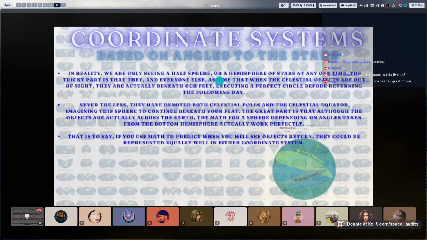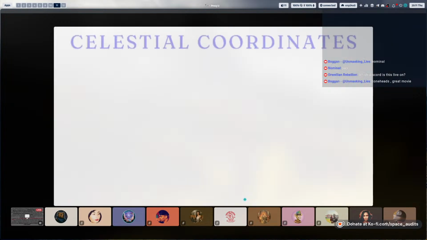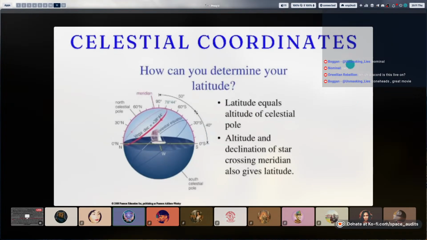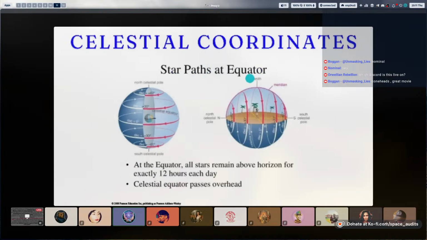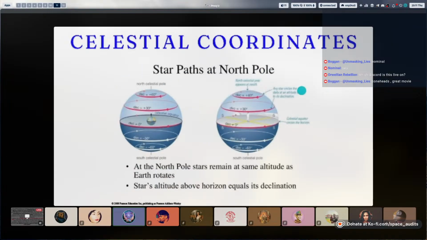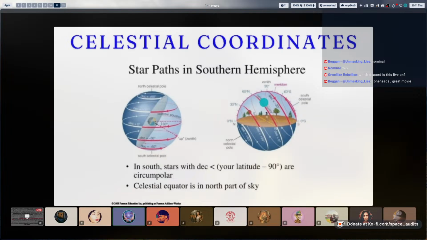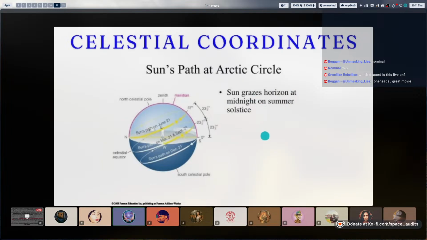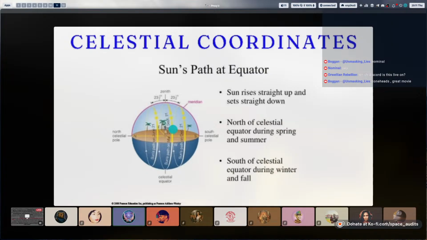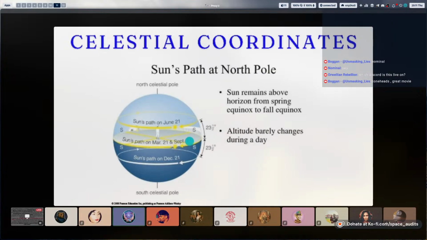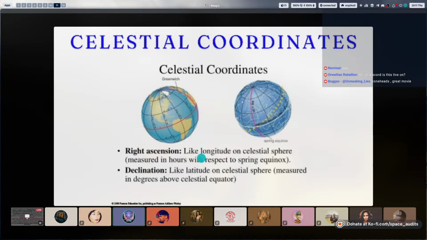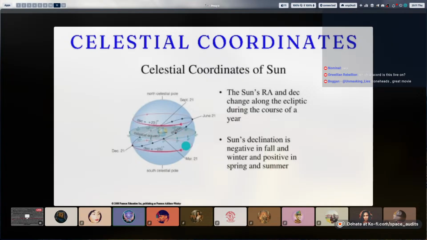Moving on to coordinate systems based on angles to the stars. We have latitude and longitude and the celestial coordinate system of right ascension and declination, and they represent them like this. Again, we have our flat plane observer, our hemisphere of stars around it, and elevation angles dipping and changing as you change latitudes. Back at the beginning, we also had it represented with the celestial sphere and the concentric sphere around it.